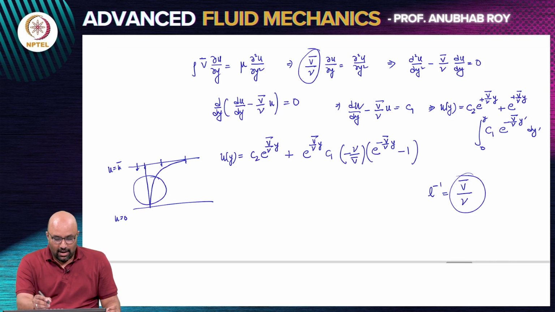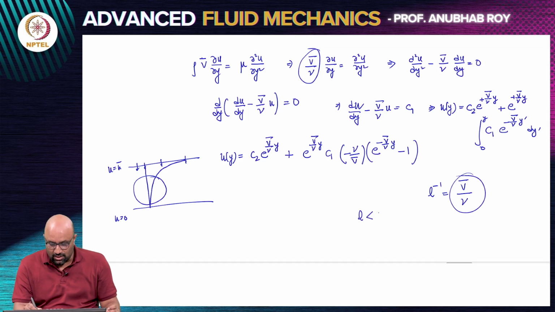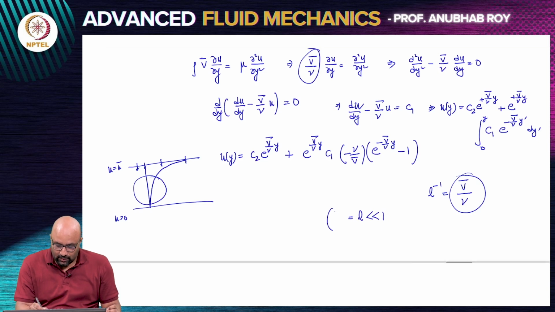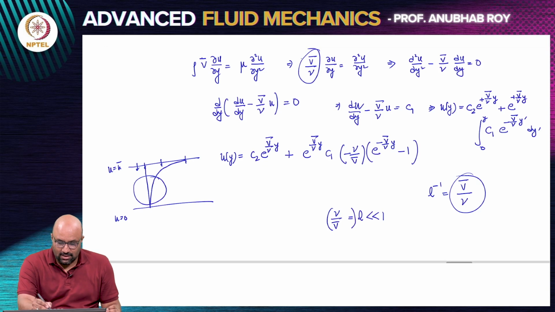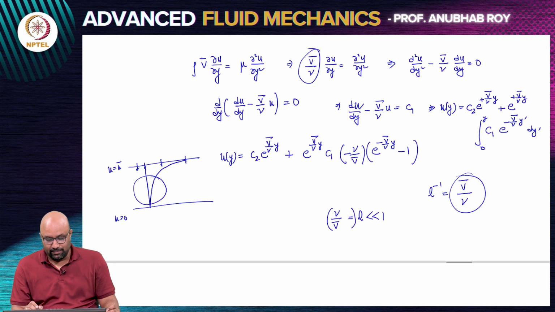So, if this quantity was large, so if L, which is nu by v bar, was small, that means that the prefactor of du/dy is going to be very large.